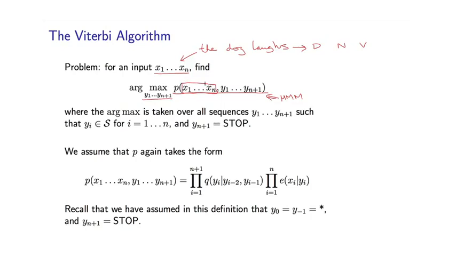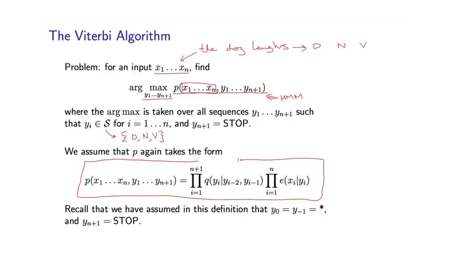Okay, so again, S is going to be defined to be the set of possible tags. Let's say for the sake of argument, we just have these three tags here, D, N and V. And so we're going to search over all valid tag sequences where yi is in S for i equals 1 to n, and yn plus 1 is equal to STOP. We're going to assume that P takes the form I showed you for a trigram HMM.